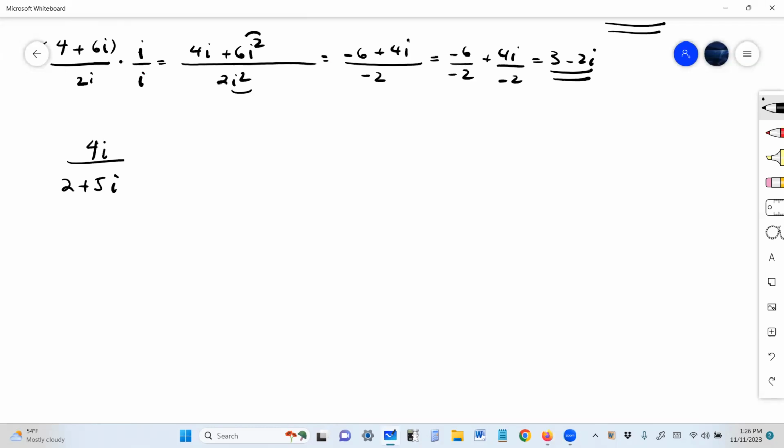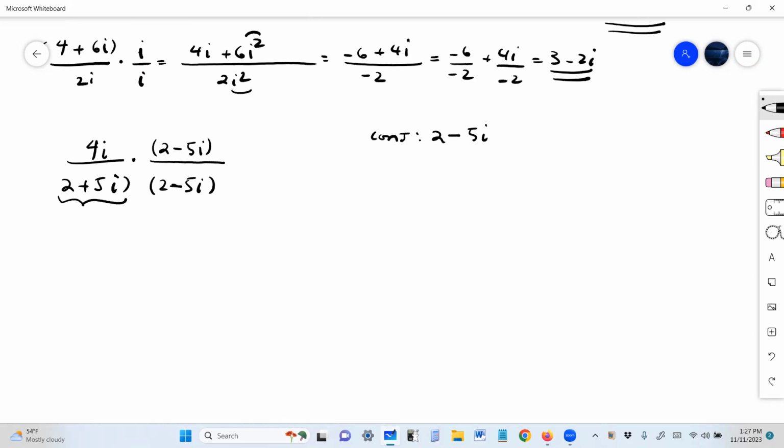All right, so I have two terms as my denominator. The technique is the conjugate. The conjugate is the conjugate of this term. So the conjugate is 2 minus 5i. So I have to multiply numerator and denominator by the conjugate.